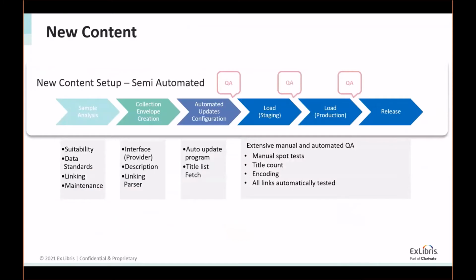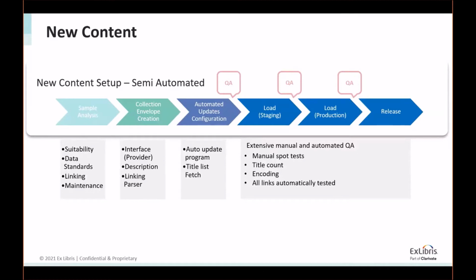So let's look at the new content ingestion process in a more detailed view. So the first step is, of course, the analysis. The content operations team receives a sample title list from the provider relations team, and we start the analysis. We check that the title list is suitable for ingest and that it meets the data standards for ingest.